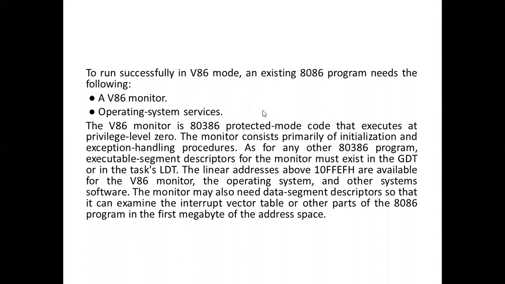So during this switching, with the help of IDT or gate descriptor, that gate descriptor will additionally be referred to for both protection privileges and also for switching.